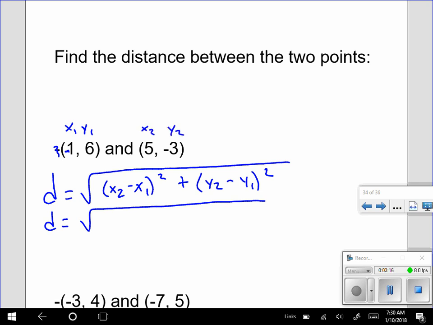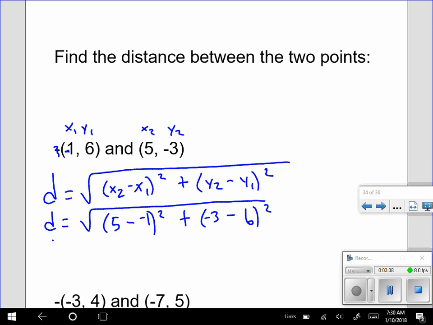So we have our x2 is going to go here, 5, minus our x1 is going to go here, -1, and we're going to square that. Then our y2 is here, -3, minus, and our y1 is here, 6, and we're going to square that. So we've now put them into the formula.